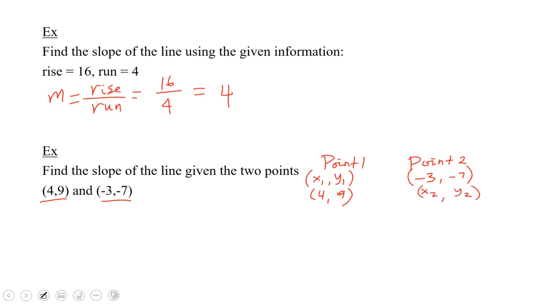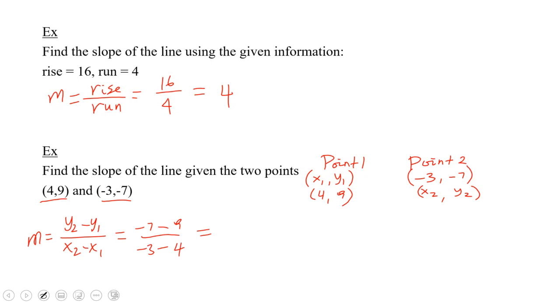Now the slope m is y2 minus y1, change in y, over x2 minus x1, change in x. Our y2 here is negative 7. Just plug in the numbers. y2 is negative 7, y1 is 9, divided by x2 is negative 3, and x1 is 4.